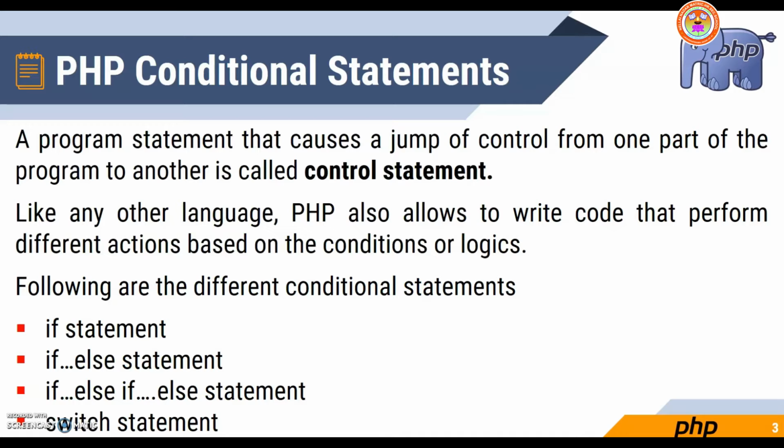Like any other language, PHP also allows you to write code that performs different actions based on the condition. There are different conditional statements: if statement, if else statement, if else if statement, if else if else statement, switch statement. All these are considered conditional statements.